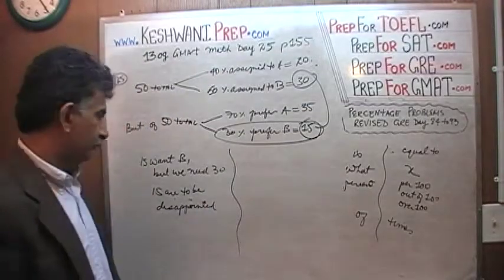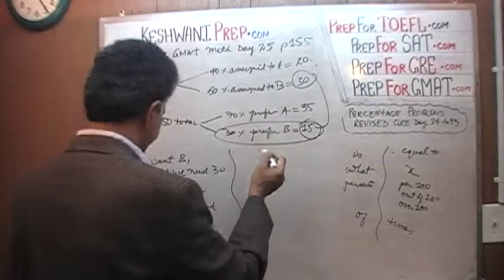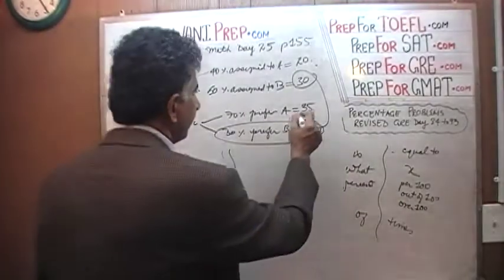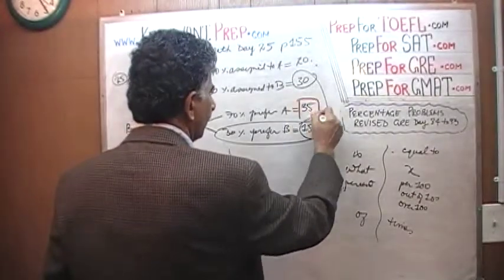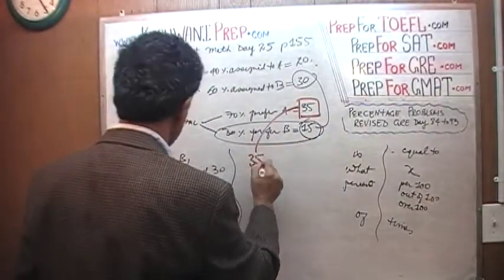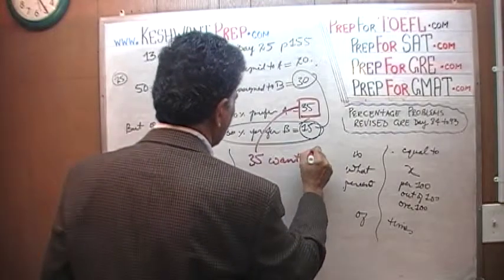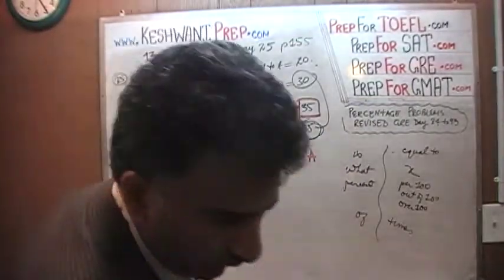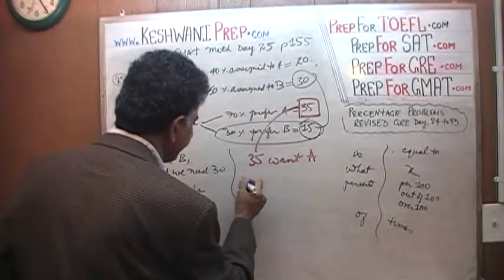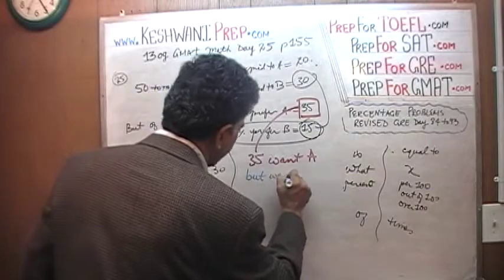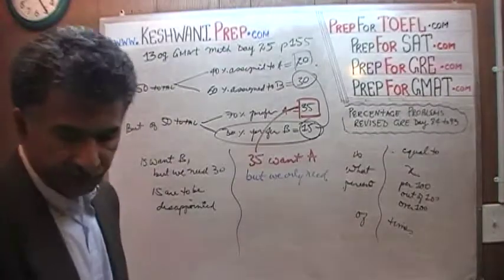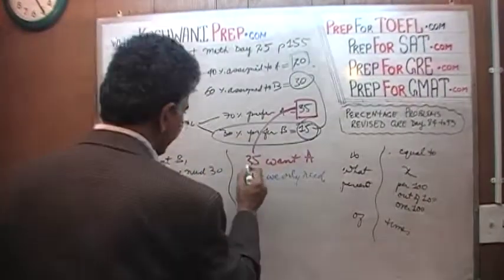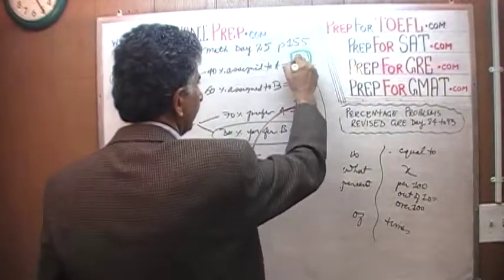Another way to look at the whole thing is, instead of looking at B, we can look at A. 35 want A, but we only need 20. 35 of them want A, but we only need 20.